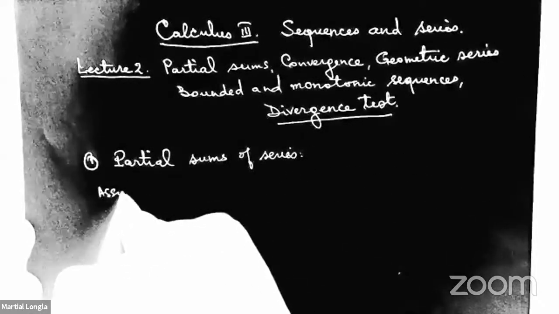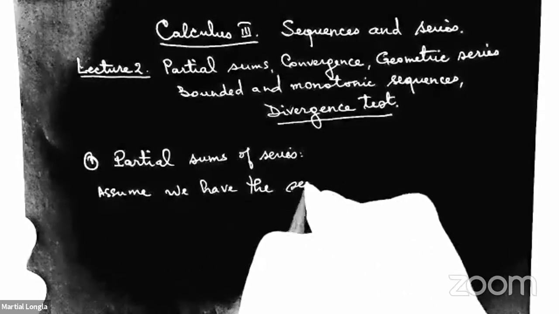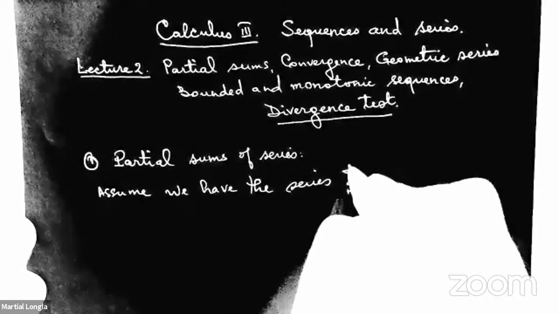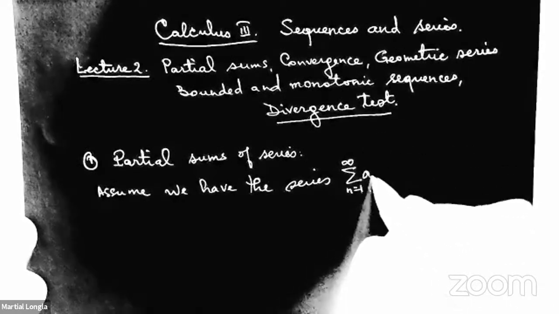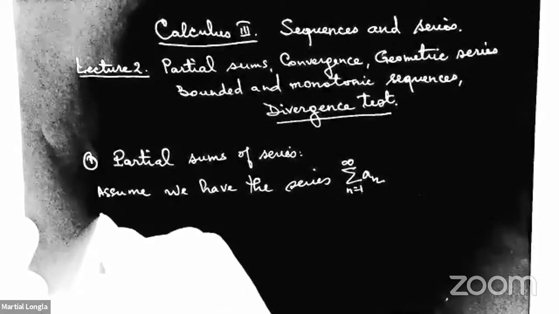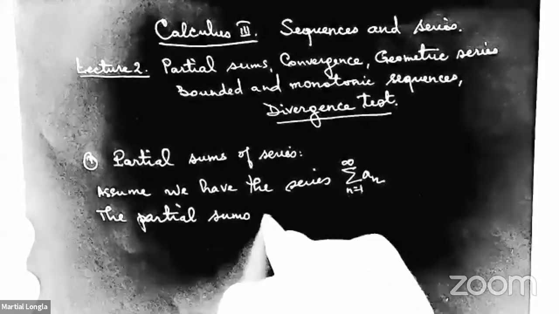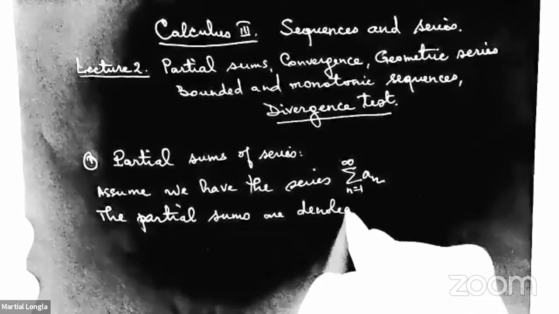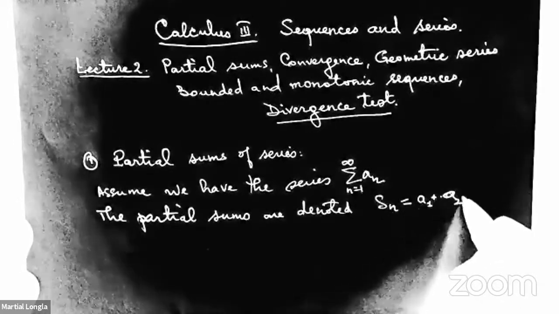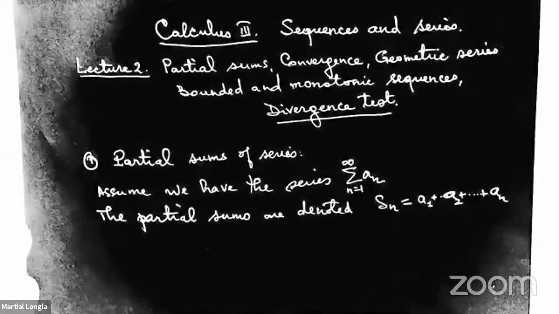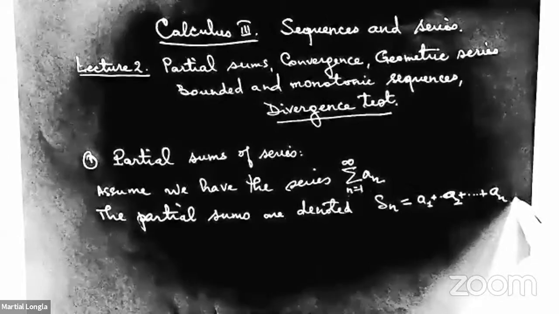If we have this series, the sum from n equals 1 to infinity of a_n, meaning add all terms from the first to the last one that goes to infinity, the partial sums are denoted S_n and are equal to a_1 plus a_2 plus up to a_n. So the nth partial sum is the sum of the first n terms of the series. That's what we defined last time.